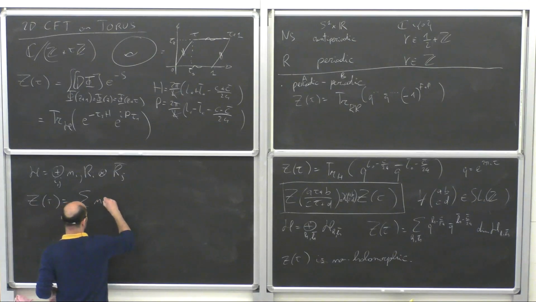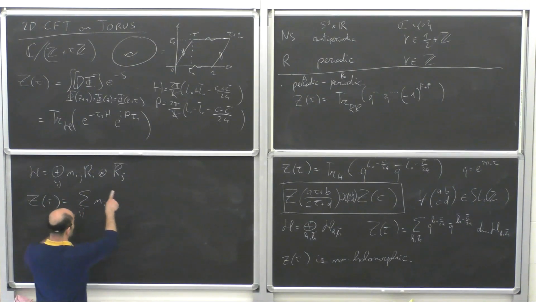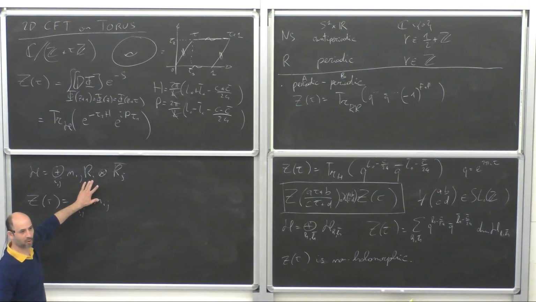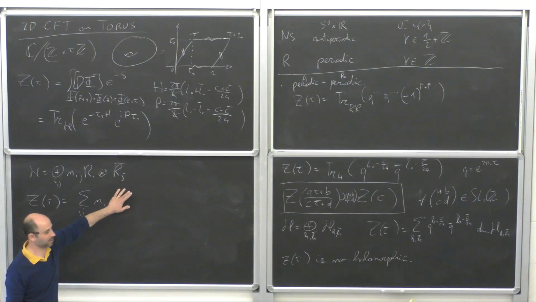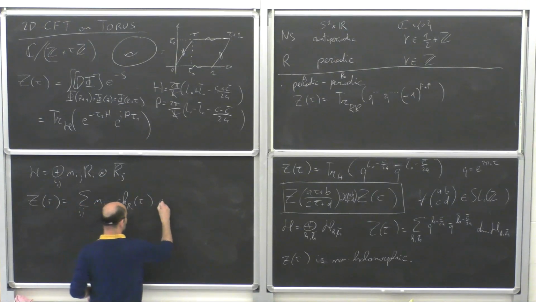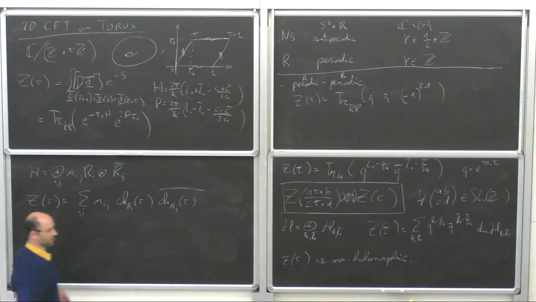You have the multiplicities, and then some functions which are essentially the product of a holomorphic and an anti-holomorphic function. I call these functions the character over i of tau times the character over j of tau, which is actually complex conjugate. So what is this character?